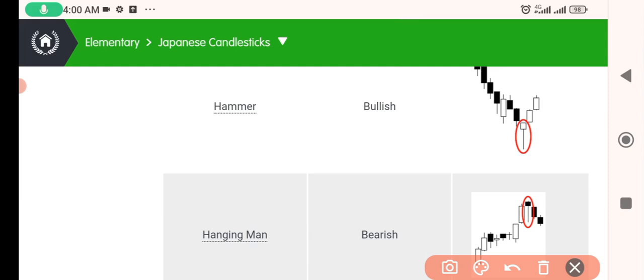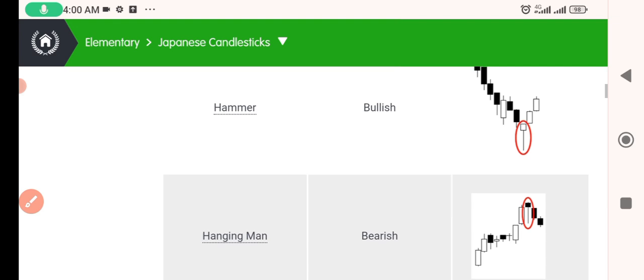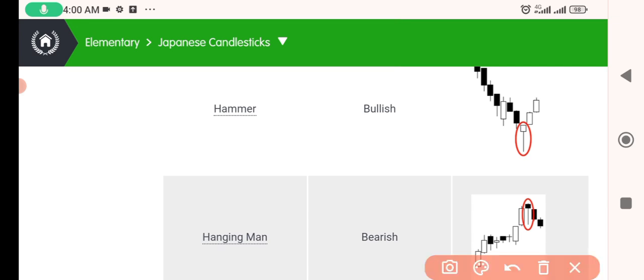These candles here, the hammer candlesticks, which is what you are seeing right now, are the single candlesticks. Now look at how this candle is being formed. This is a hammer.